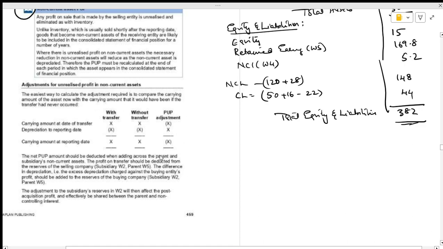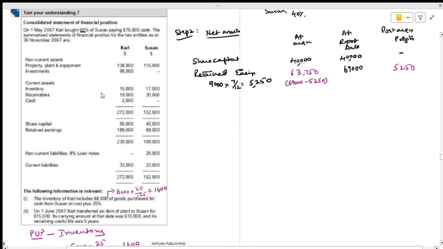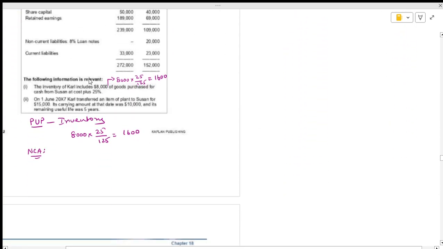We are using the same format. We will deduct the depreciation.